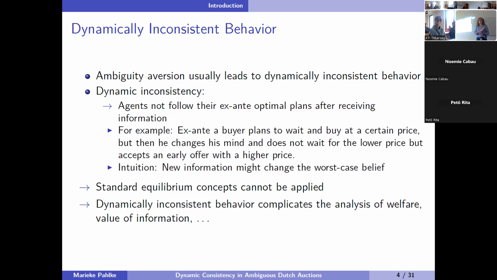So how does it relate to subgame perfection? We have the issue that you cannot use the standard concepts, because your belief is changing. Bayesian updating does not work anymore, and therefore your ex-ante optimal plan is no longer equivalent to an interim optimal plan.